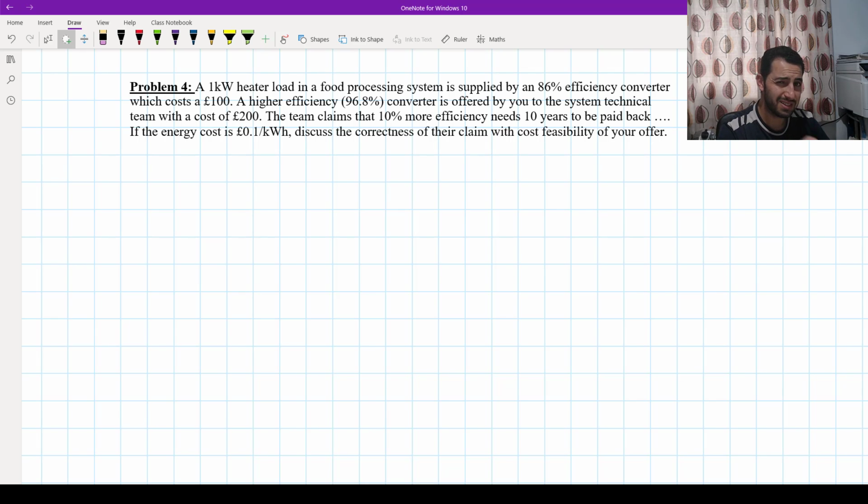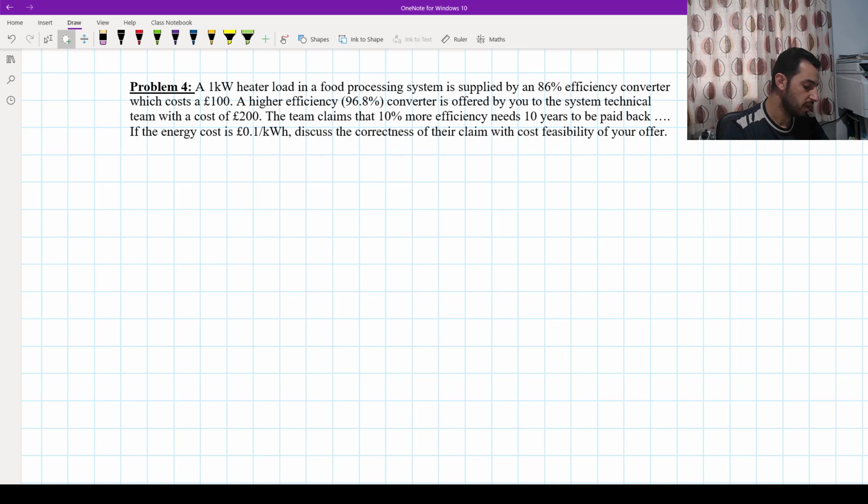But the team that you are offering to claims that this 10% difference between the first converter efficiency and second converter efficiency, this 10% improvement in efficiency, needs 10 years to be paid back. So if they want to take your converter, the extra cost will be paid back after 10 years. Is it right or no?